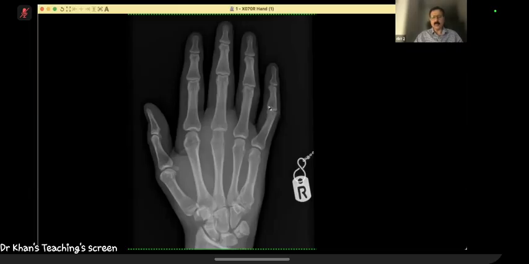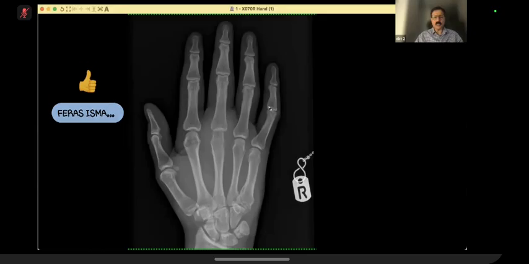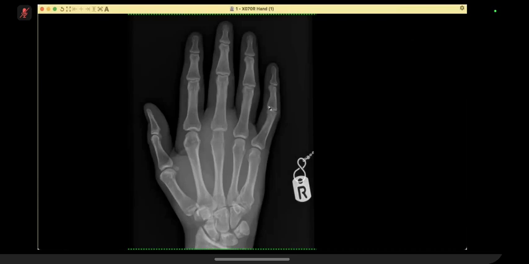There was one view which we used to do 30 years ago, which is known as a ball catcher's view for rheumatoid arthritis, just like somebody standing in the slips in a cricket field. That is known as a ball catcher's view, where it is an AP view of the hands. That is obsolete now. So always remember it's a DP, postero-anterior.